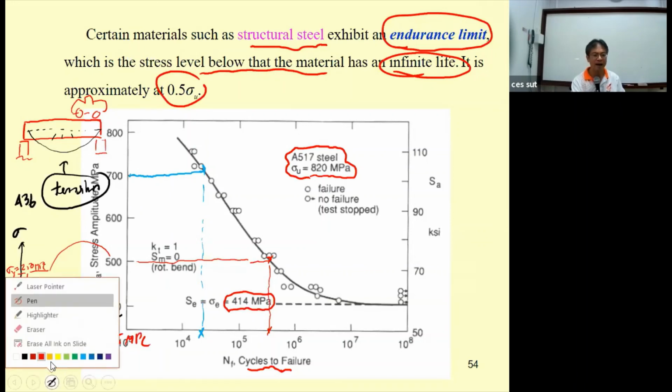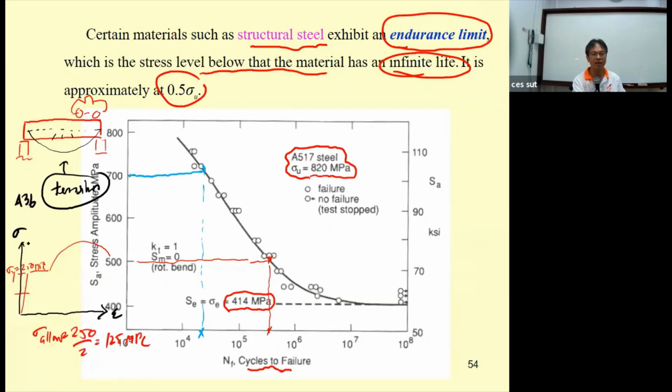The standard sets the ultimate stress, sigma sub u, of the steel to be 400 megapascal. So the endurance limit of most civil engineering steel, S sub E, is going to be equal to 200 megapascal, which is larger than sigma allowable.